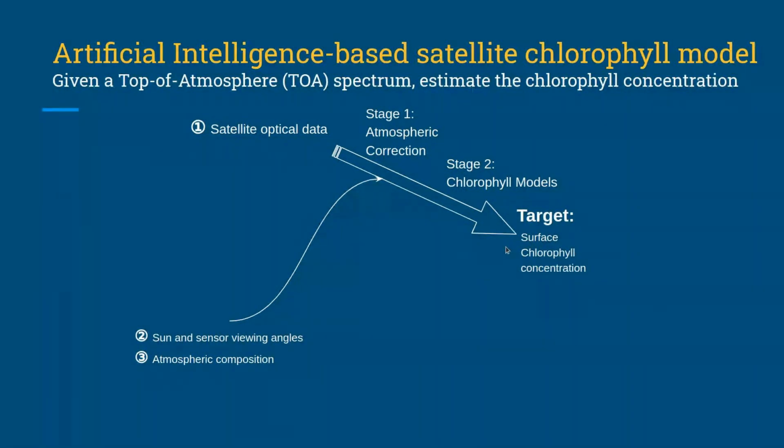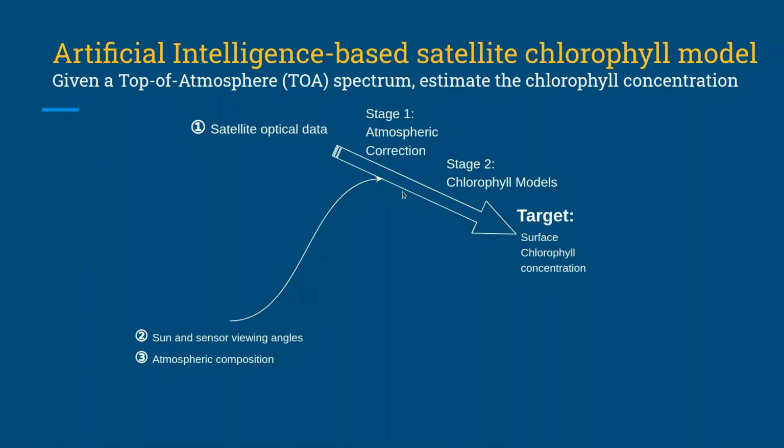That's what we do mostly for the current methods. This presents an issue for coastal waters because the first stage atmospheric correction will remove more than 90% of the signal that's measured at the top of atmosphere by the satellite.